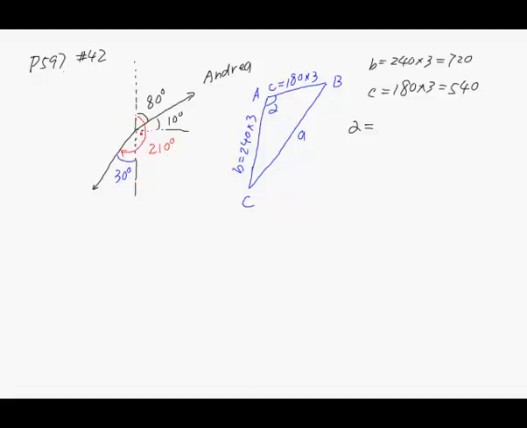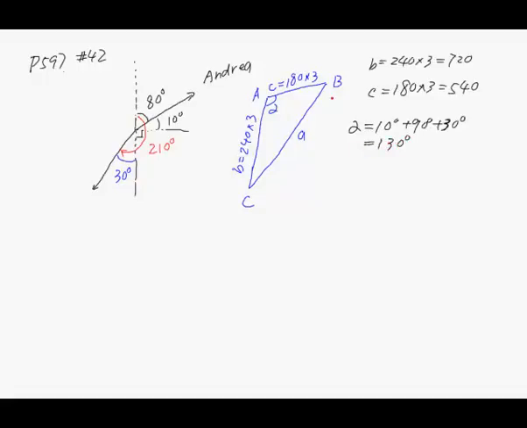So alpha should be 10 degrees plus 90 degrees plus 30 degrees. And this is equal to 130 degrees.